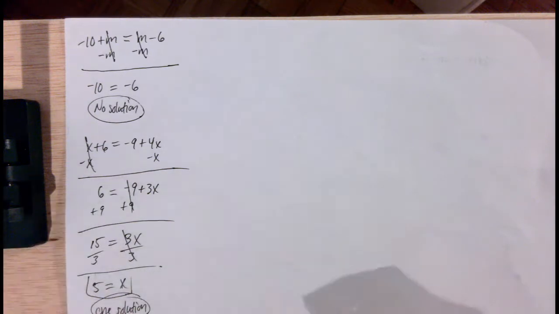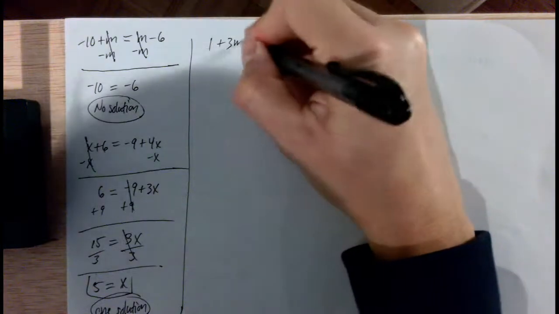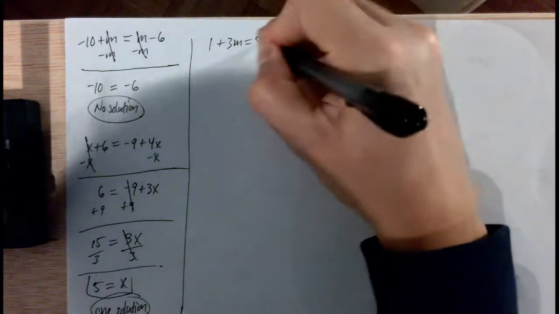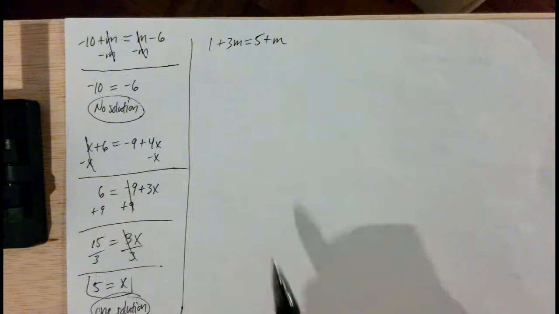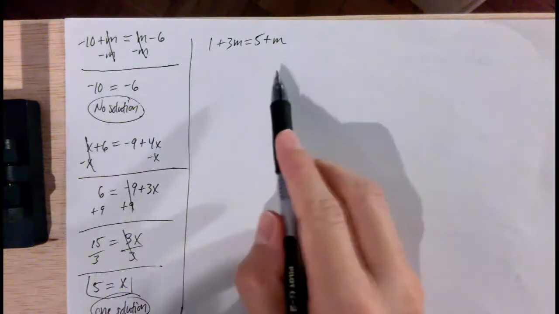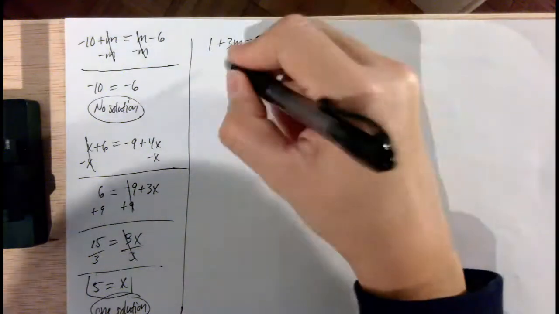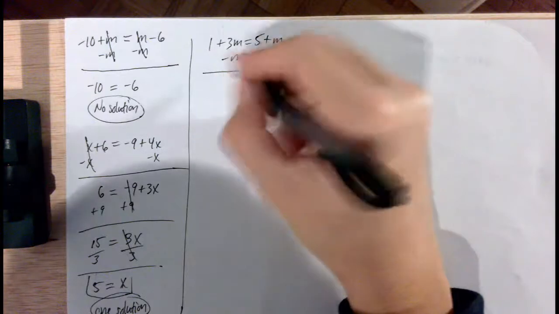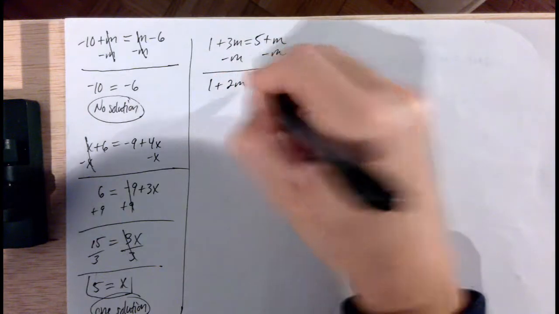In the next example, I have 1 plus 3m is equal to 5 plus m. Again, the first thing I want to do is analyze this. We have variables on both sides, so you want to move the lowest valued variable, which is 1m. So I have 1 plus 3m minus m, which is going to give me 2m.